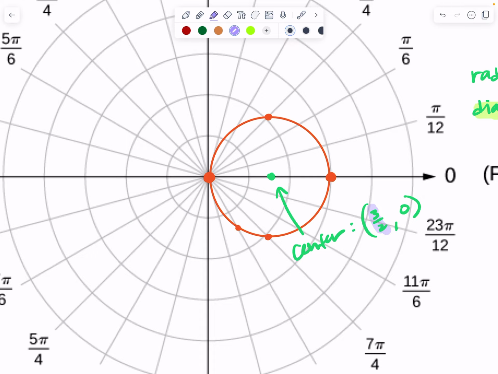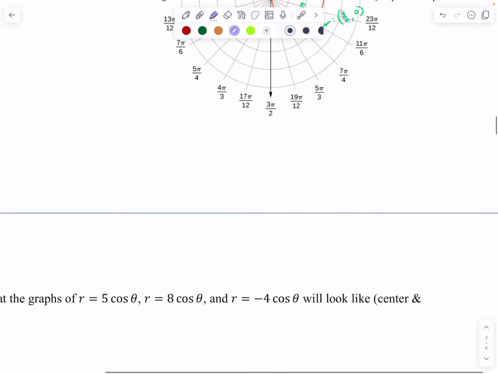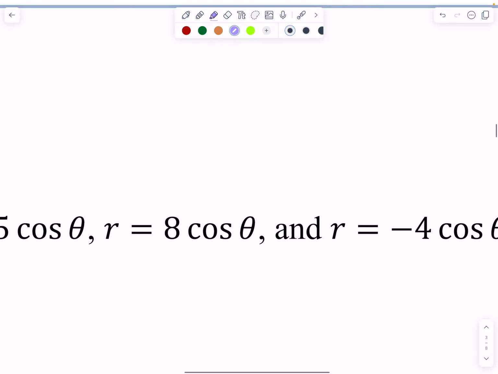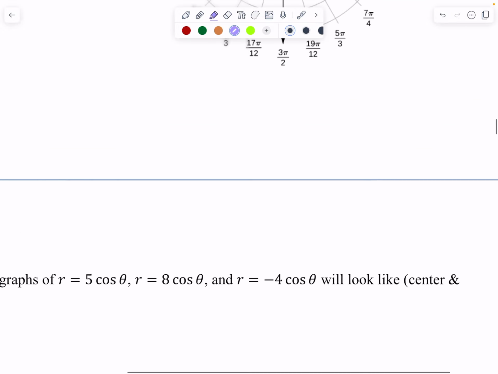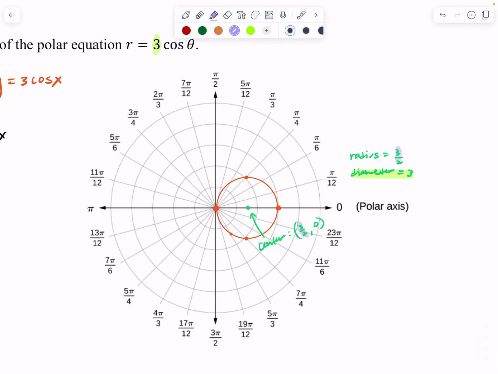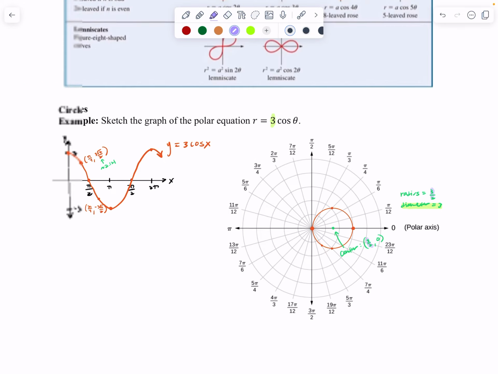And it's kind of cool because if you were to add or subtract an angle to theta, applying a transformation, it's going to end up rotating the circle. If you're adding pi over 4, it's going to be rotating in the negative pi over 4 direction, or subtracting pi over 4, it would be rotating in the pi over 4 direction.